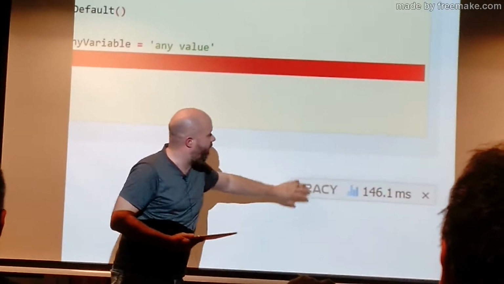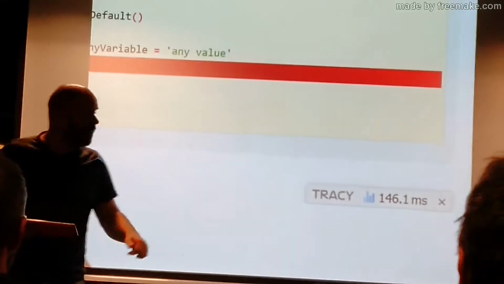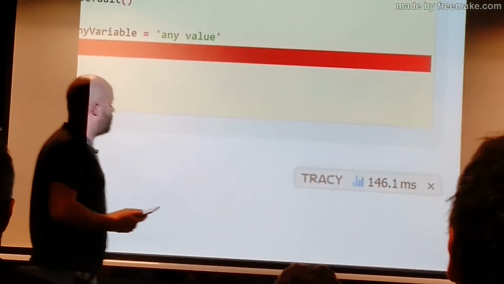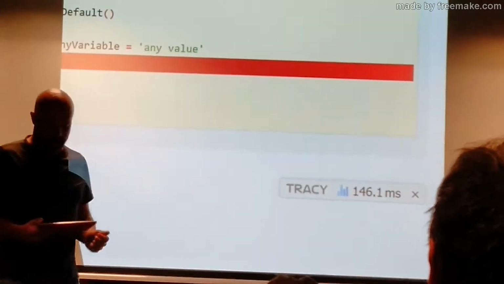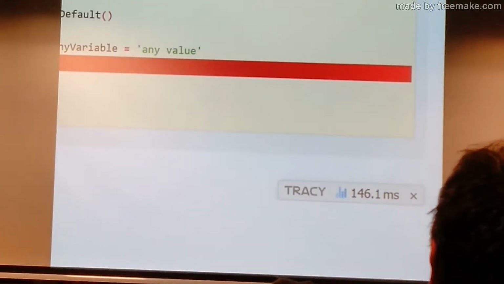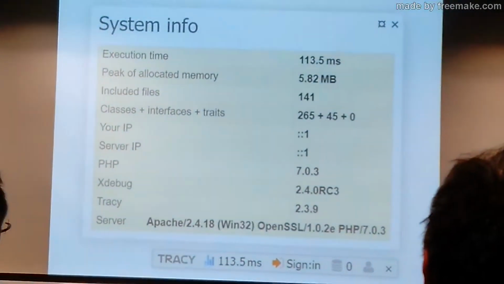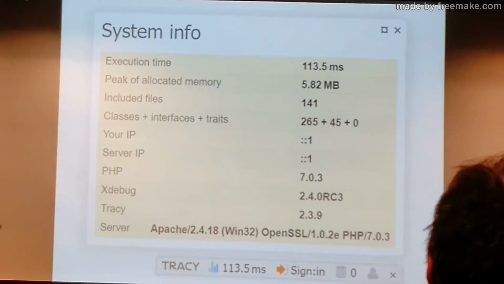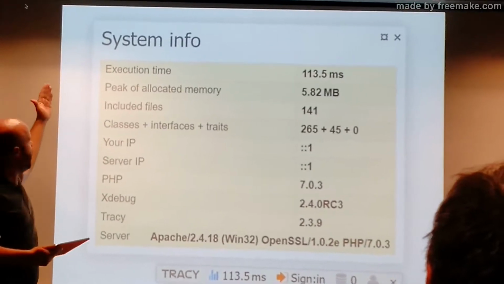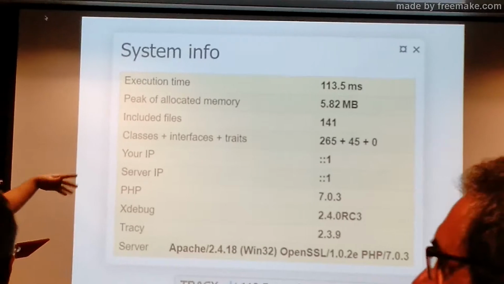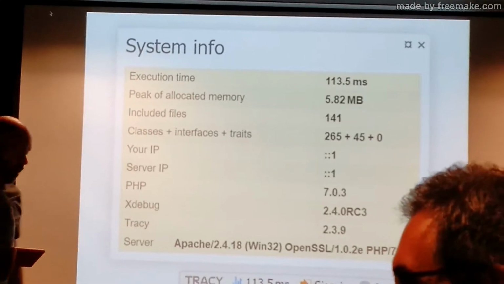You can drag it and move it elsewhere on screen, and there is the first panel. When you click on this panel, it shows you system info, so execution time, allocated memory, including IP addresses, etc.